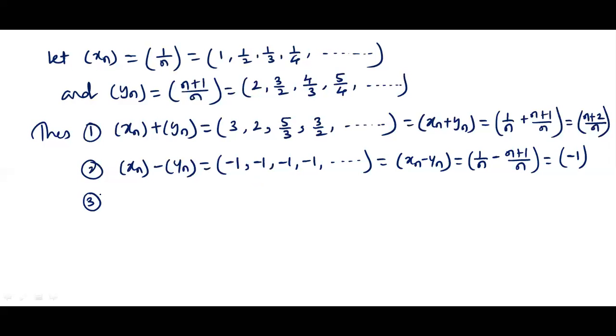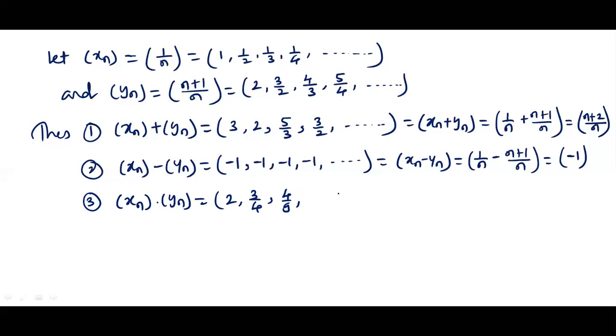Next, multiplication xn into yn. This is a sequence whose first term is 1 into 2, 2, second term is 1 by 2 into 3 by 2, 3 by 4, third term is 1 by 3 into 4 by 3, that is 4 by 9.